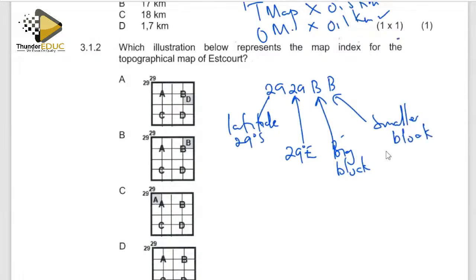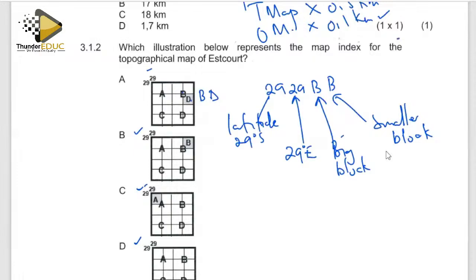Since our maps have the same indications of latitude and longitude, the responses are all correct. So 29, 29, all of them are correct. Then what we need to check is the bigger block B and the smaller block B. Bigger block B is here, and the shaded area has got D. This is BD, 29, 29, BD.